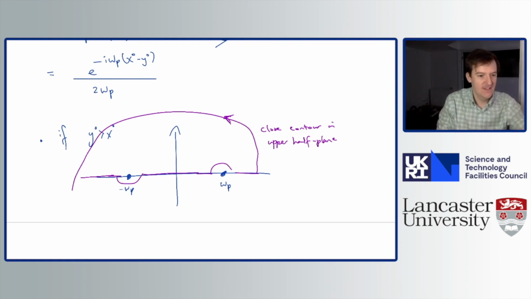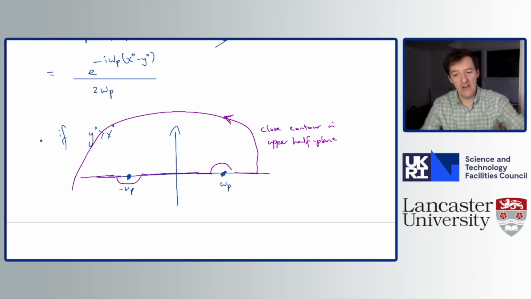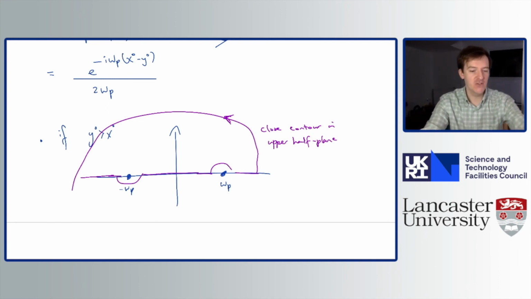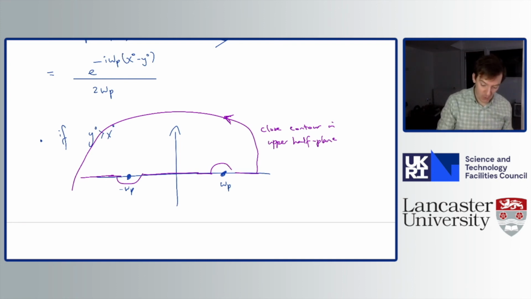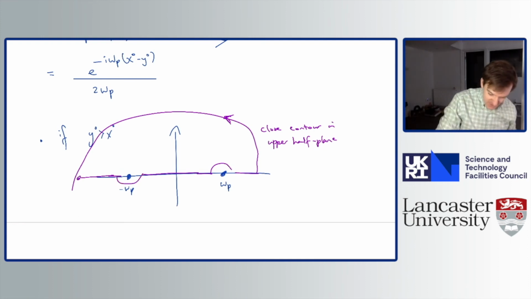Good. But as I said, it's a bit annoying having to remember which direction these contours go in. So there's a prescription that physicists have introduced that basically automatically tells you which poles you should include in your contours. Contours should be closed, so this is not a very good diagram.